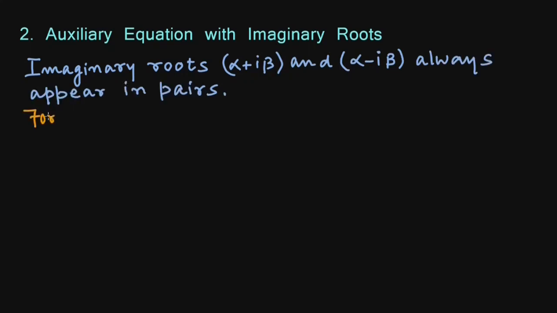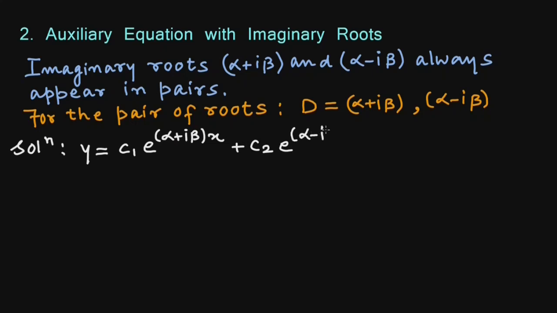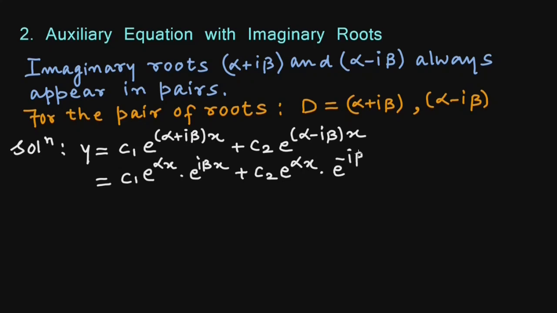So for the pair of roots D equals alpha plus i beta and alpha minus i beta, we have the solution of the LDE. y equals c1 e raised to alpha plus i beta x plus c2 e raised to alpha minus i beta x, which is c1 e raised to alpha x into e raised to i beta x plus c2 into e raised to alpha x into e raised to minus i beta x.